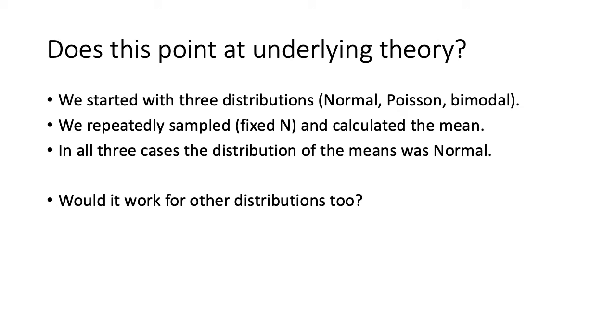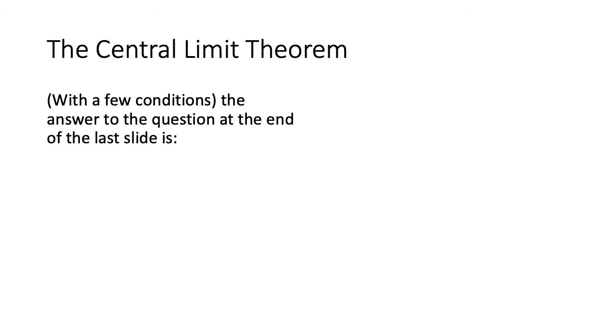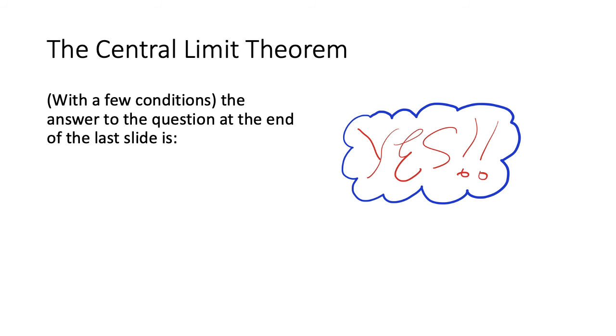And one question you might ask is, would it work for other distributions as well? Well, you may be beginning to suspect that indeed it would. And this thing that we're talking about, the central limit theorem, says that with a few conditions, which we're not going to go into, the answer to the question at the end of the last slide is yes.